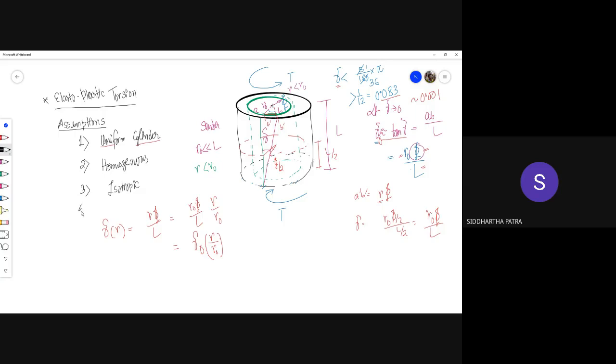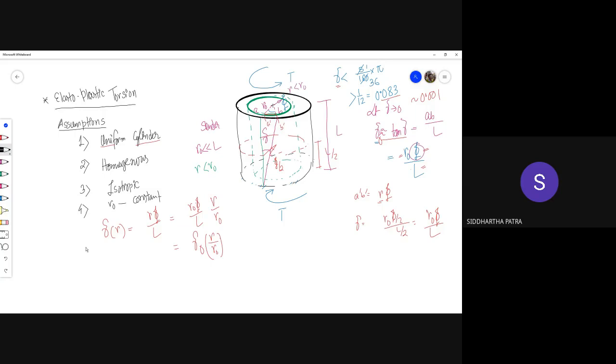Actually, a couple of assumptions go into there. So the statements are, let's say R0 remains a constant. That means because of torsion there is no change in R0.